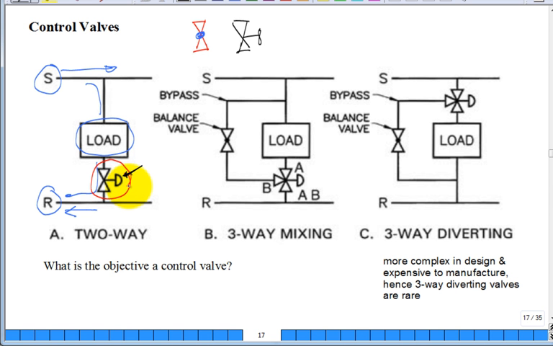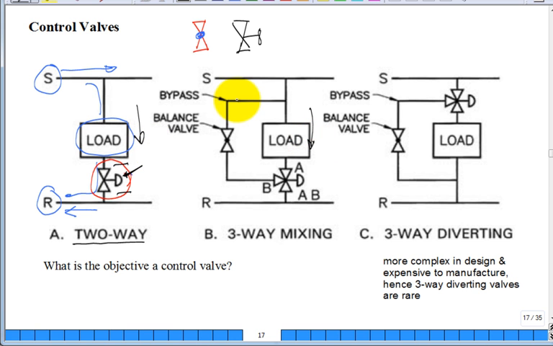So air controls it. Air with a big diaphragm has a lot of power to make that valve come and go. All right, but it's a control valve. How many ins and outs does it have? Just one in and one out.